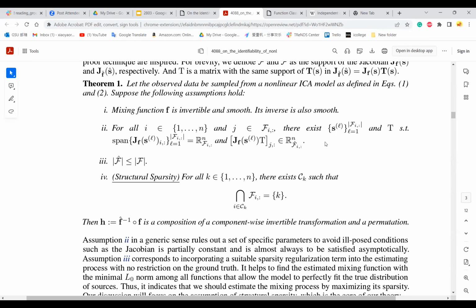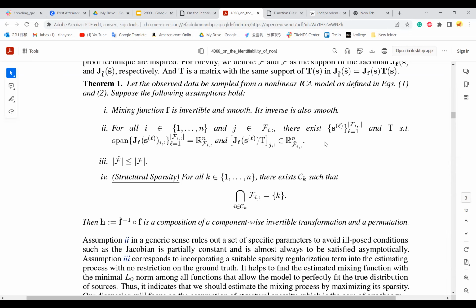The ground truth A inverse multiplies the estimated A in the linear case.